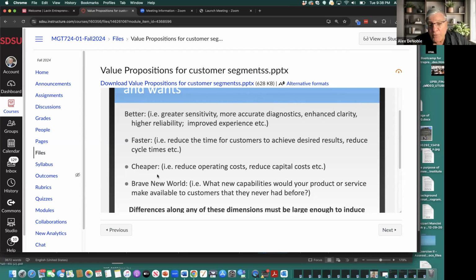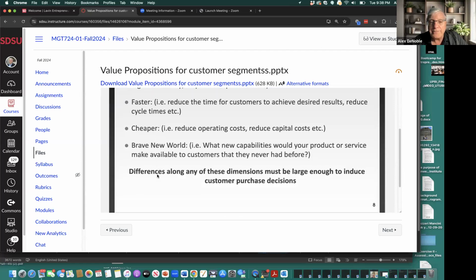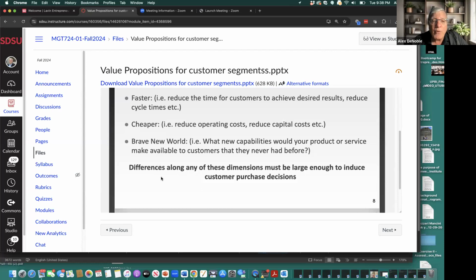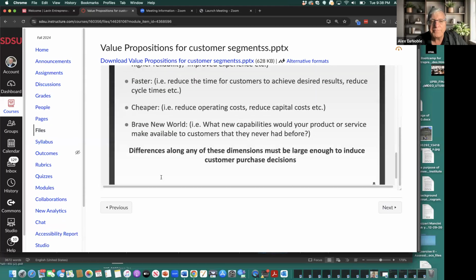But after a brave new world solution is introduced to the market, all follow-on players are trying to compete against that new product or service with better, faster, or cheaper alternatives. So the key point is differences along any of these dimensions must be large enough to induce customer purchase decisions.